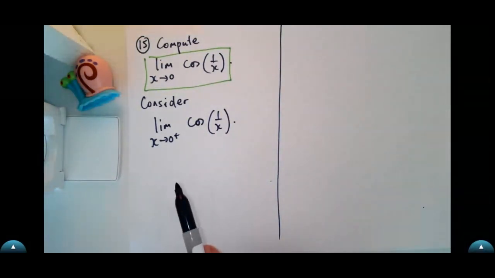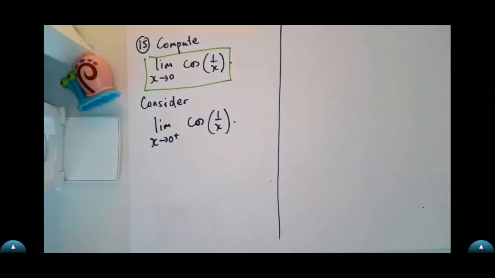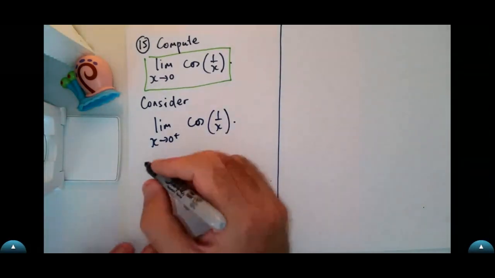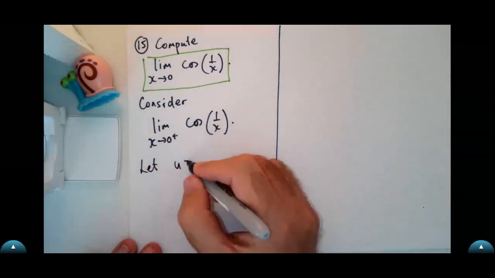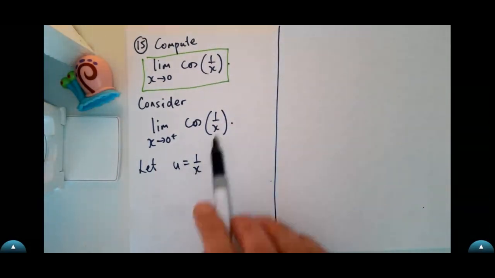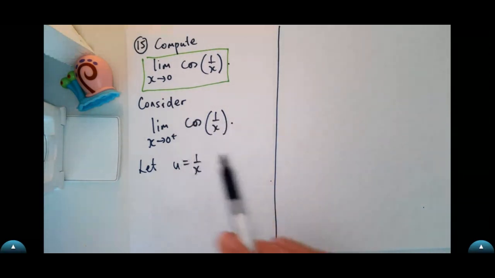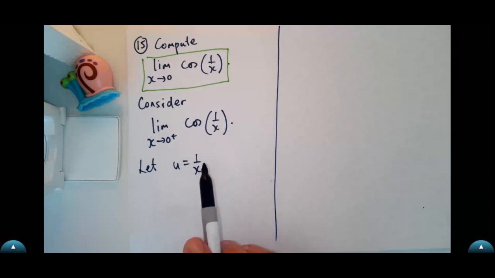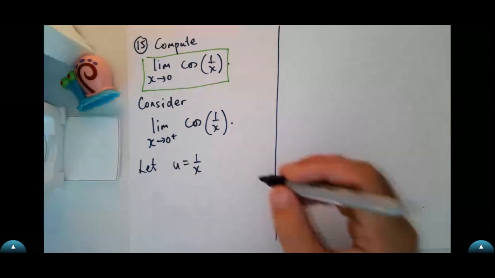All right. So it's not very clear what's going on, but things become clear if you consider a substitution. So substitutions can help you in calculus and taking limits and things like this. If I let u equal 1 on x, then this thing immediately simplifies, right? And the only thing we need to be concerned about here is what happens to u as x approaches 0 from the right.